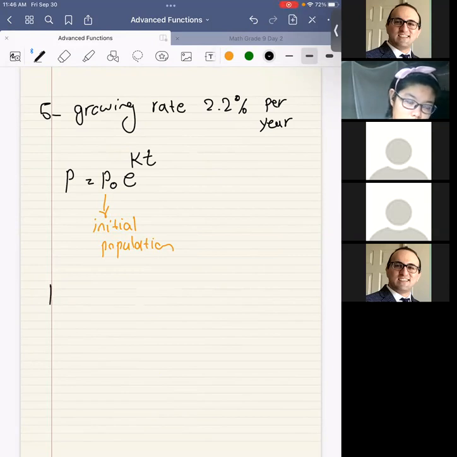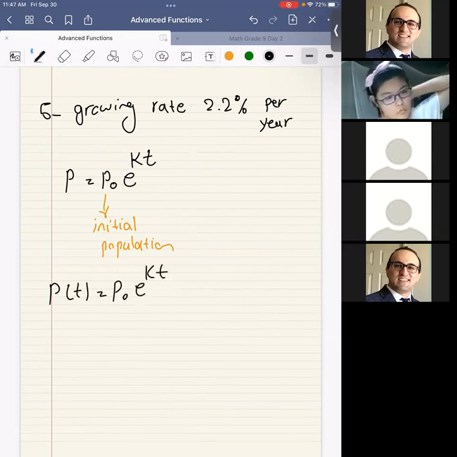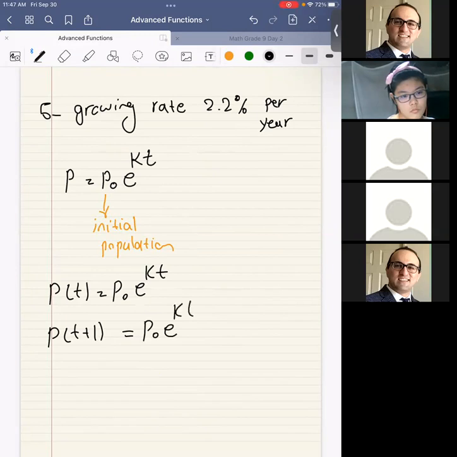Okay, now what is P? This is P of t. P of t is equal to P0 e to the power kt. Now we have to find k if the growing rate is 2.2% per year. So what is P of t plus 1? P of t plus 1 is P0 e to the power k(t+1). But according to this, after 1 year, the growth is 2.2%, right?